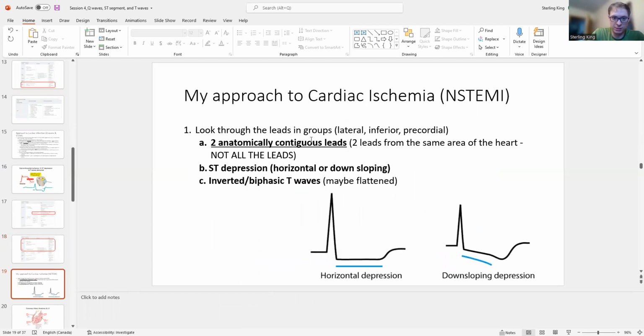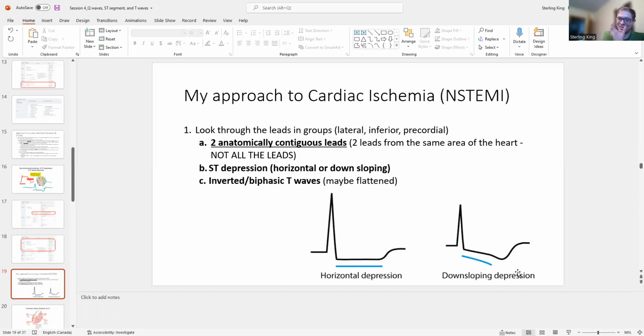Approach to cardiac ischemia and STEMI. Again, you're just looking through all the leads. It's almost the exact same process. It should be two contiguous leads, two areas, and it shouldn't be the whole heart. If it is, it's probably a left anterior descending or main artery occlusion. It's going to be ST depression, either straight across or downsloping.